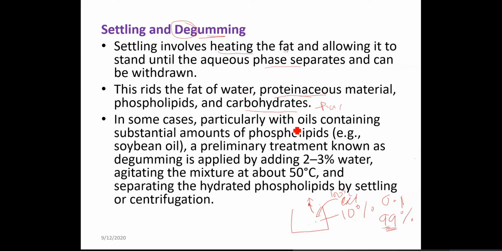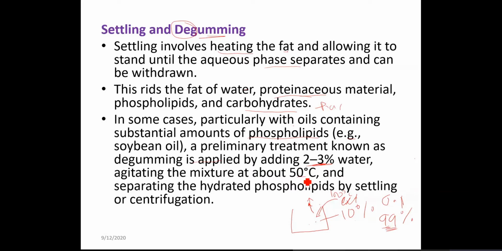In some cases, particularly with oils containing a substantial amount of phospholipid, for example soybean oil, there is more phospholipid. But if you take other oils, for example sesame or peanut, you will not find so much phospholipid. So a preliminary treatment such as degumming is applied, wherein, as I mentioned before, you add more water and agitate so that these components are mixed or dissolved.